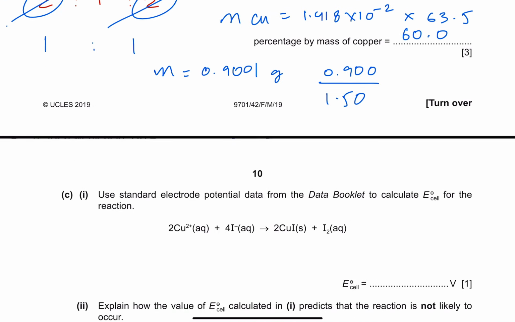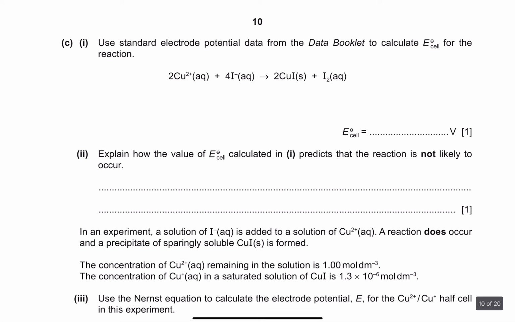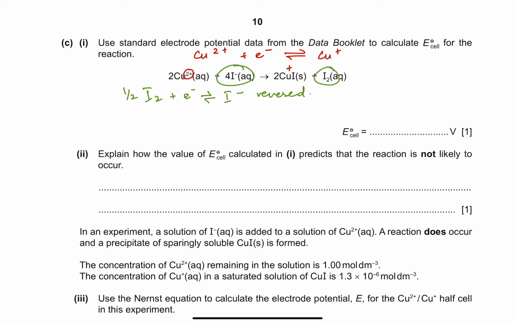Moving on. Use the standard electrode potential from the data booklet to calculate E cell for the reaction. So you can see that copper is going from 2 to 1. It means the copper equation is moving forward, and the other equation, the iodide equation, is reversed.